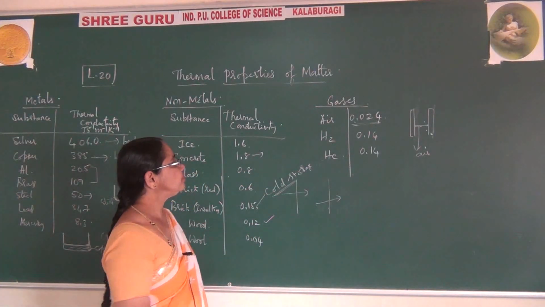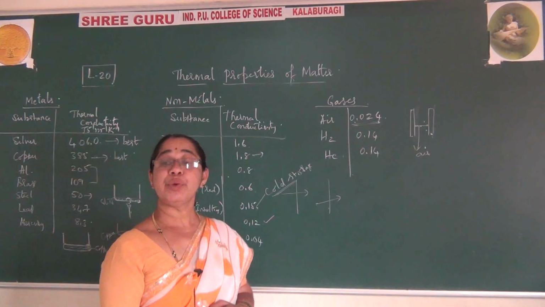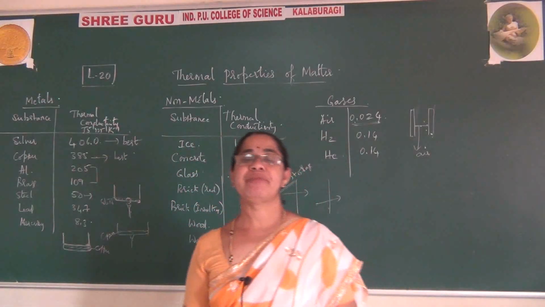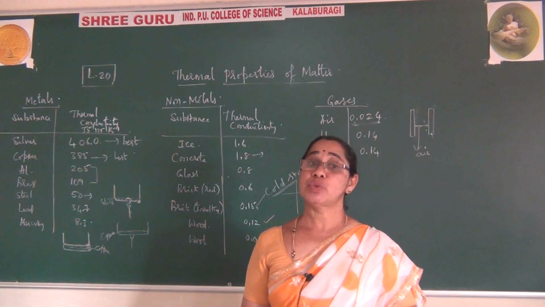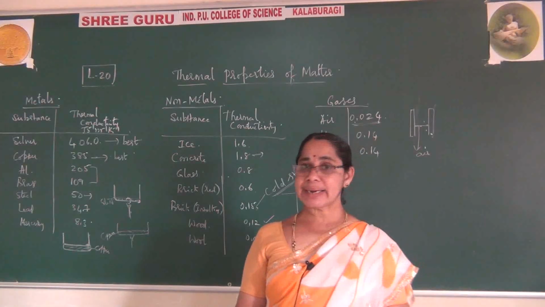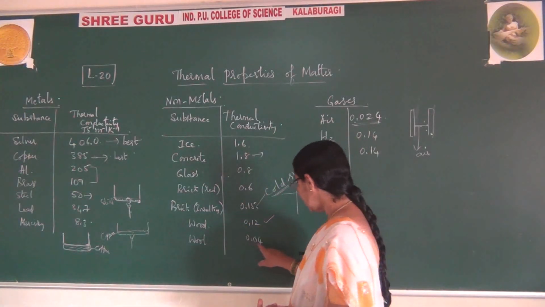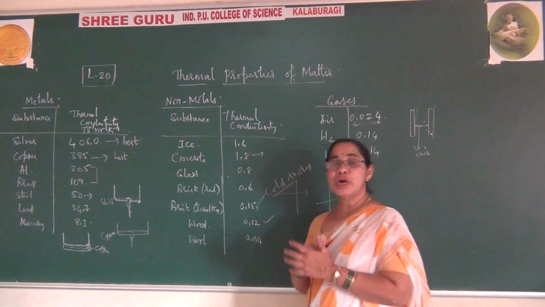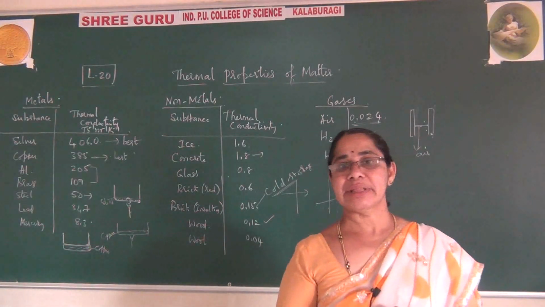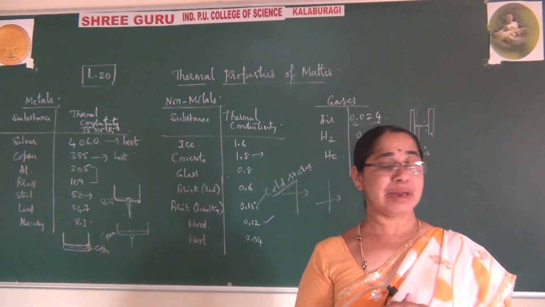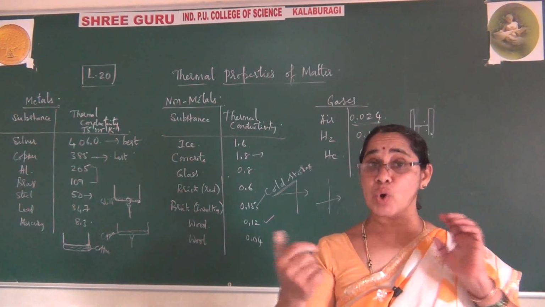One more point. During the winter season we prefer to use woolen sweaters. Wool is a bad conductor of heat, you know already, because its value is very less. But when we want to prevent cold, remember you should not say that we are having cold in us.